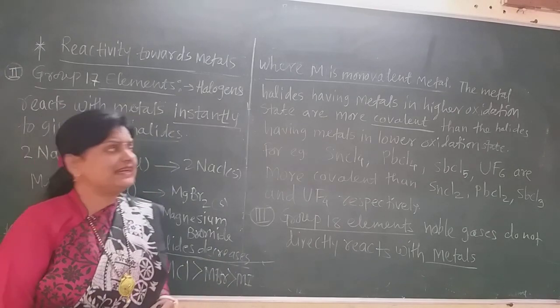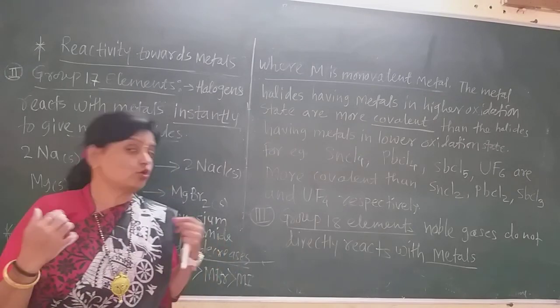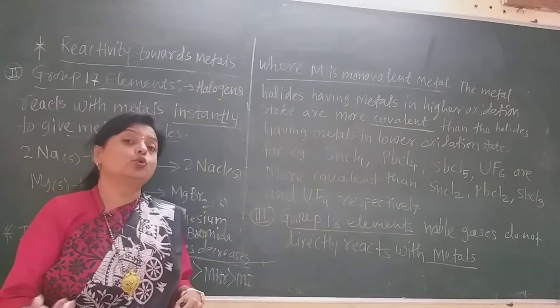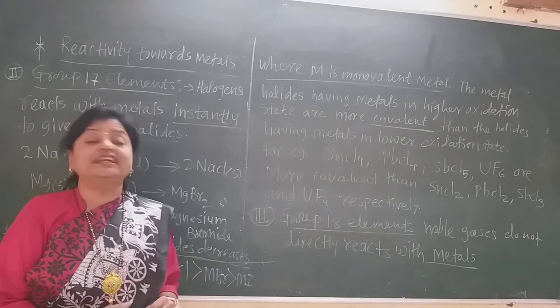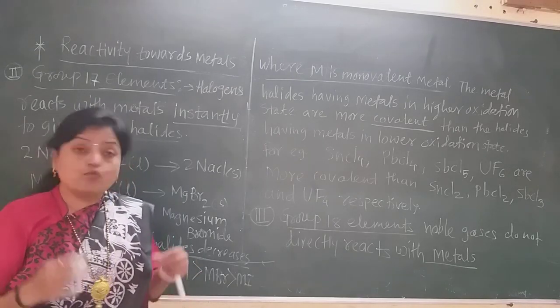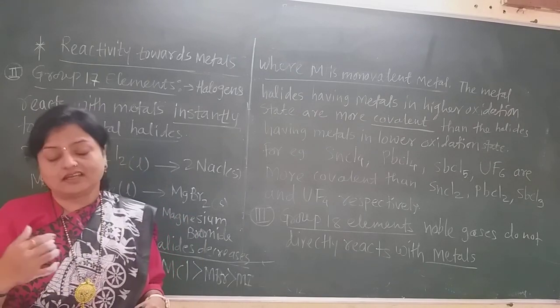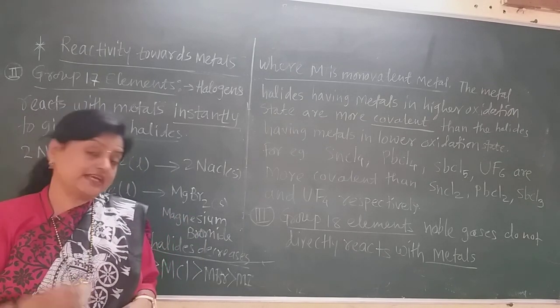Now the metal halides having the metal in a higher oxidation state, that means +5, +7 state, are generally more covalent than ionic compounds. They are covalent compounds.